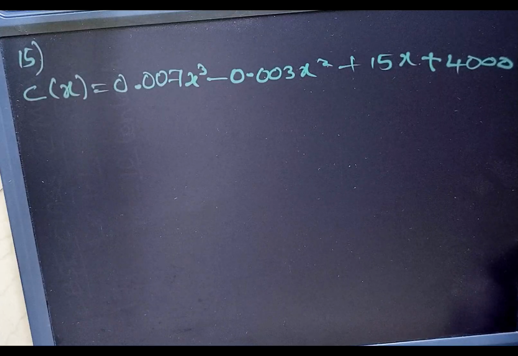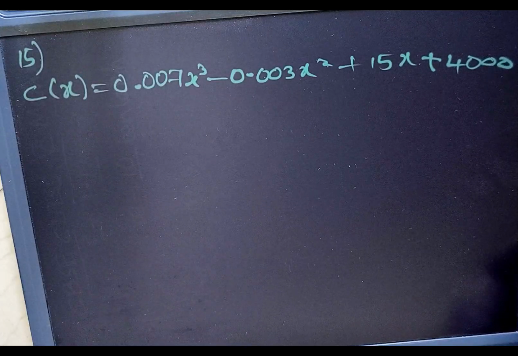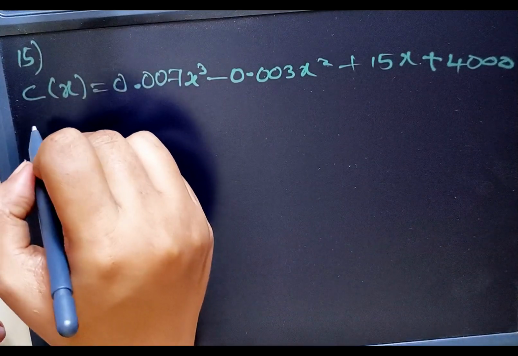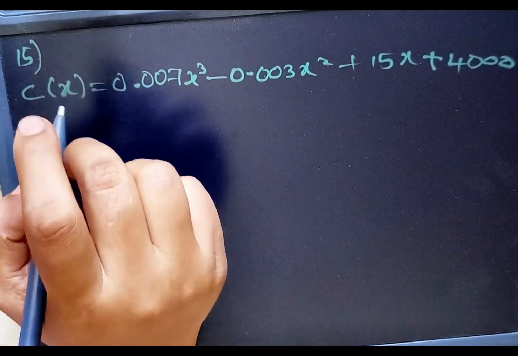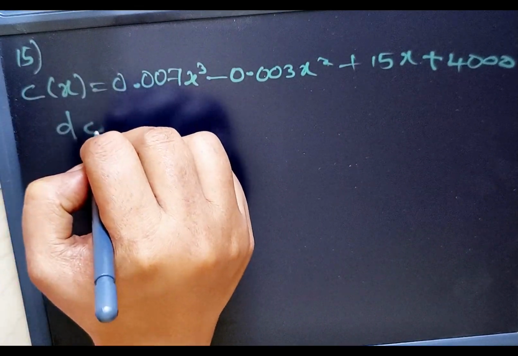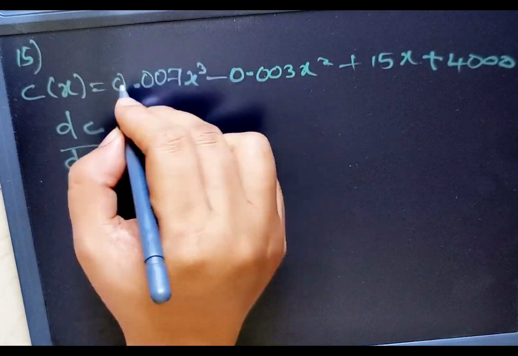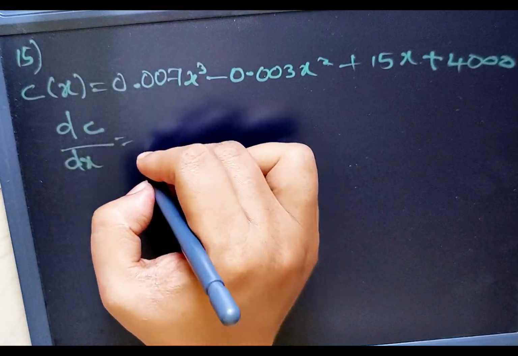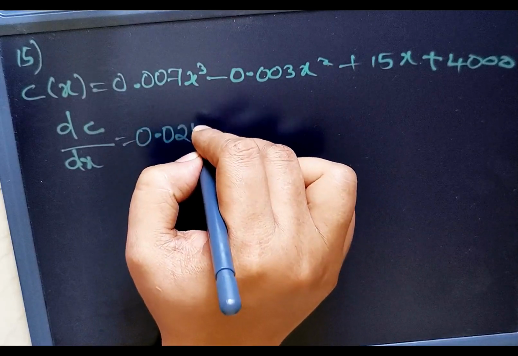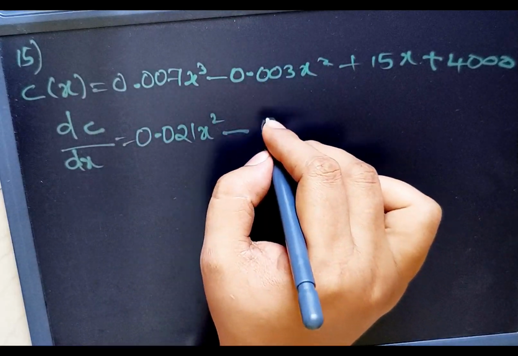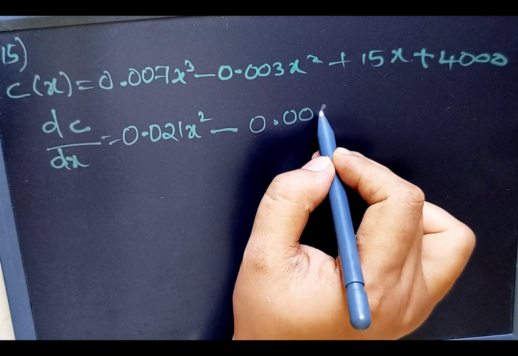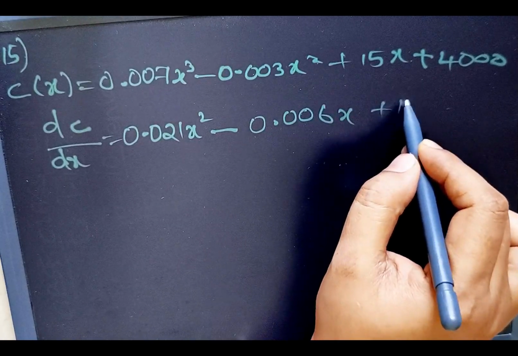Find the marginal cost when 17 units are produced. So marginal cost will be the derivative of the total cost, so dC/dx. We need to differentiate. So it will be 0.021x² minus 0.006x plus 15 into 1.